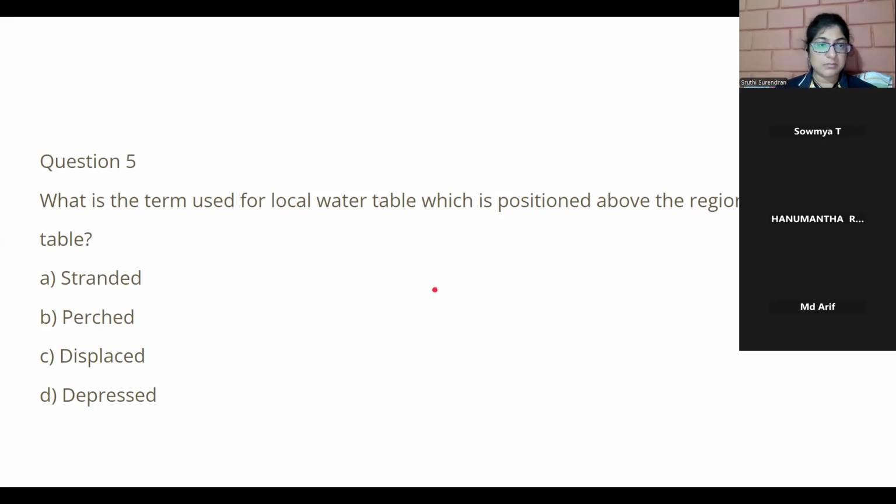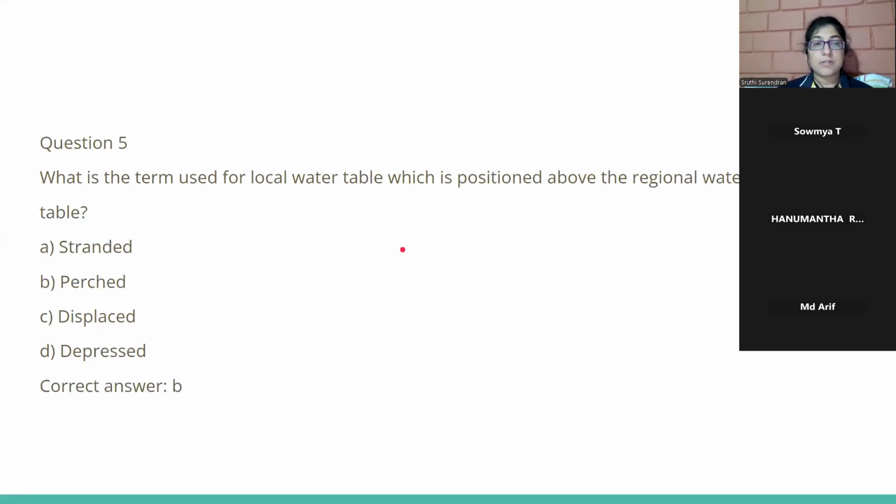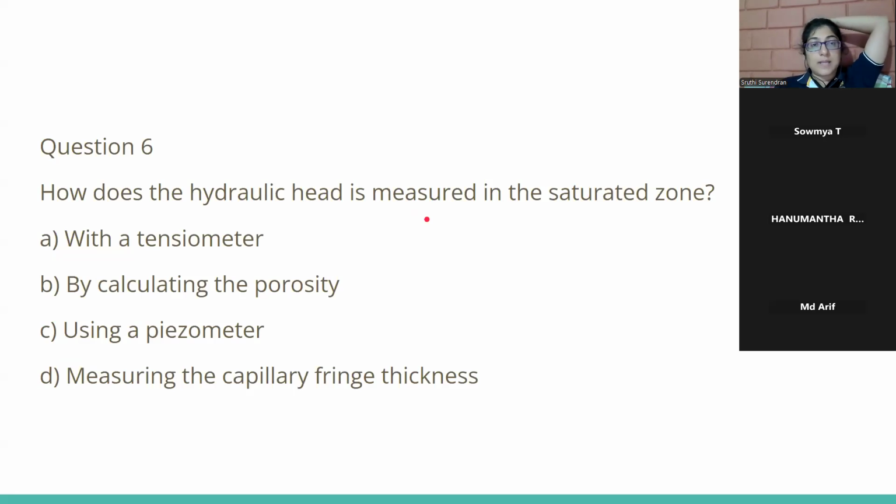There's nothing called stranded, displaced, or depressed water table that we are studying about, although we are studying about perched water tables, which is usually occurring when an impermeable formation in the middle of the unconfined aquifer is present and water gets collected on top of it. So it's called a perched water table. Now, how is the hydraulic head measured in the saturated zone?